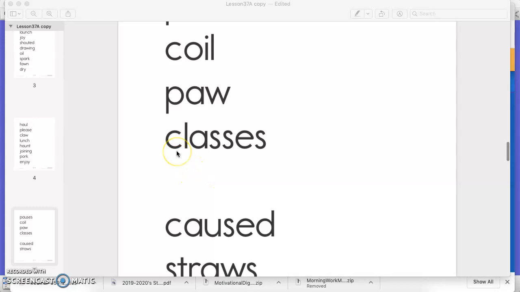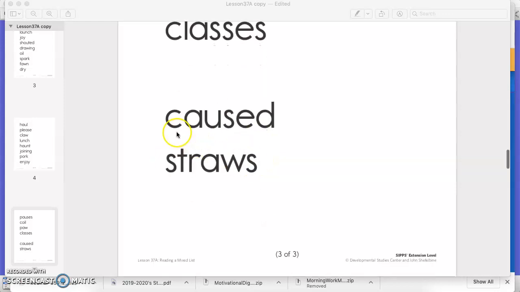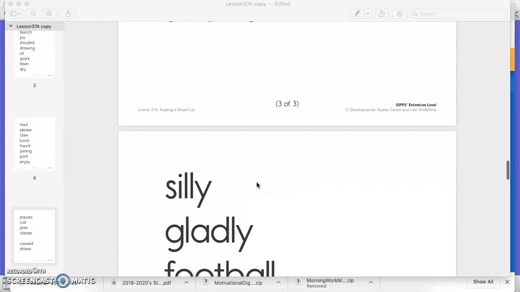Look, sound, classes. Read, classes. Look, sound, caused. Read, caused. Look, sound, straws. Read, straws. Excellent job.